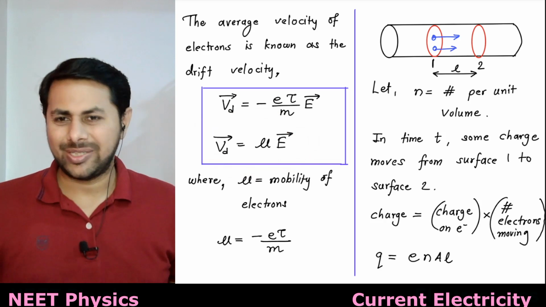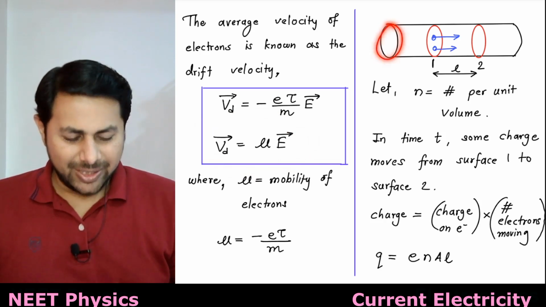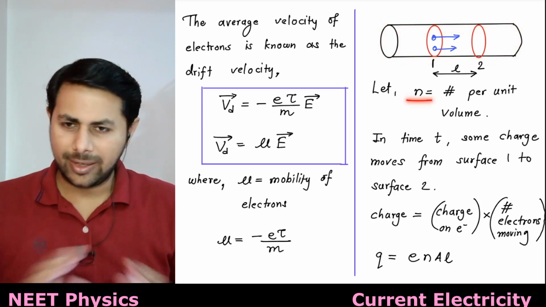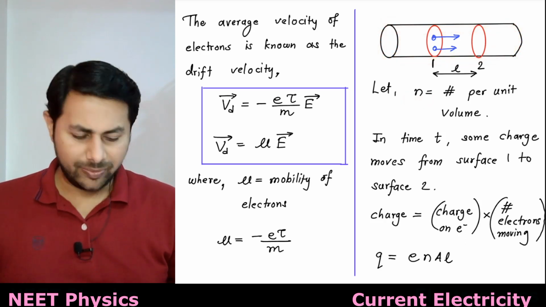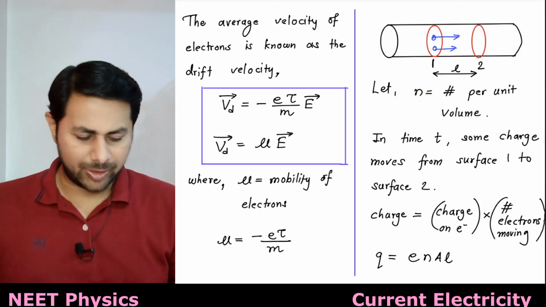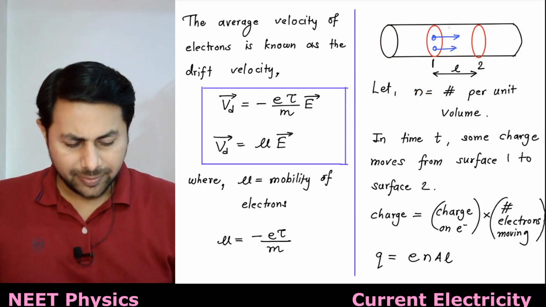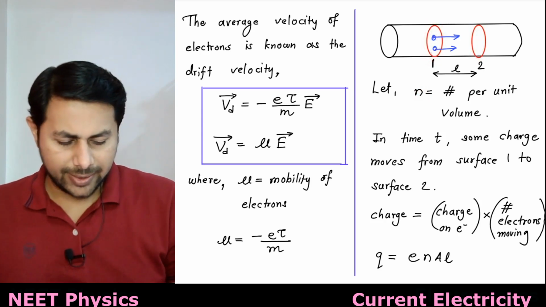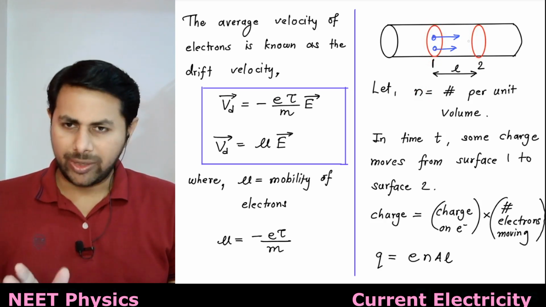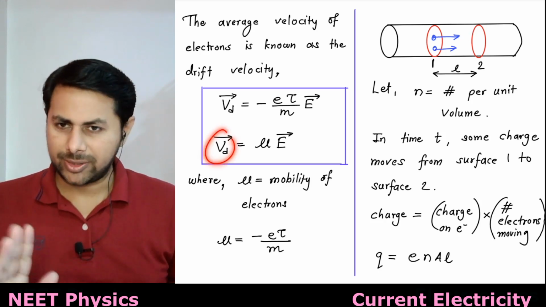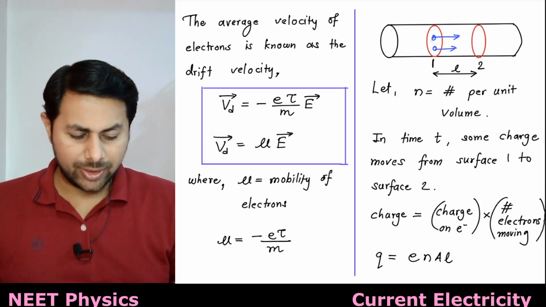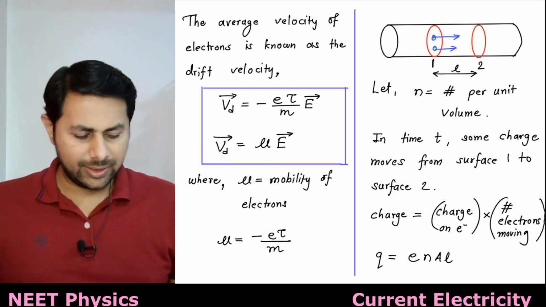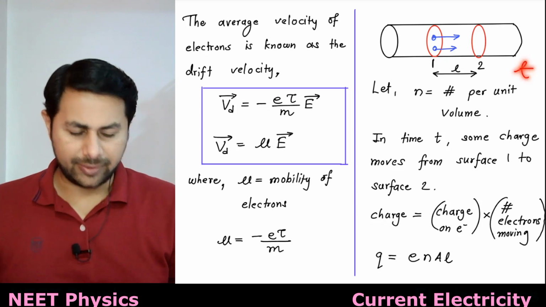After that, consider this conductor. Suppose there are n number of electrons per unit volume. Small n is the number of electrons per unit volume, and then you take some cross section, this much cross section, and because electrons are moving with average velocity Vd, some electrons will move from here to here in some time, let's say t.